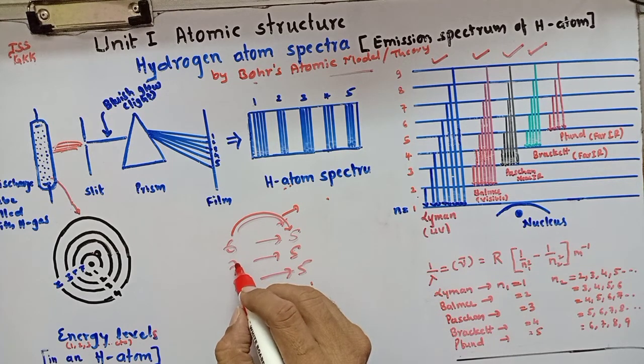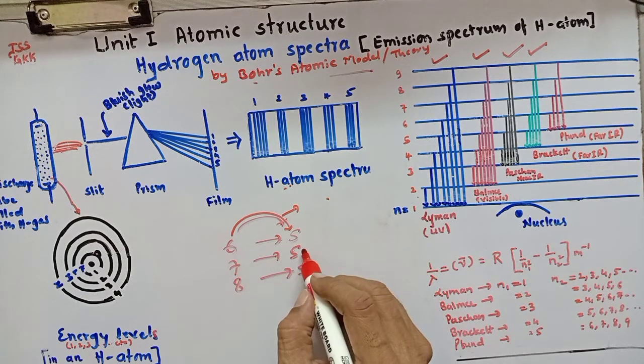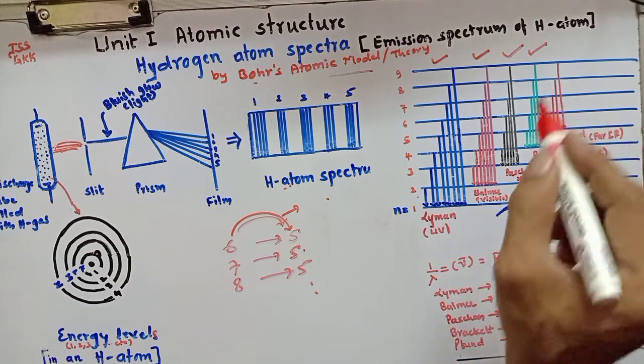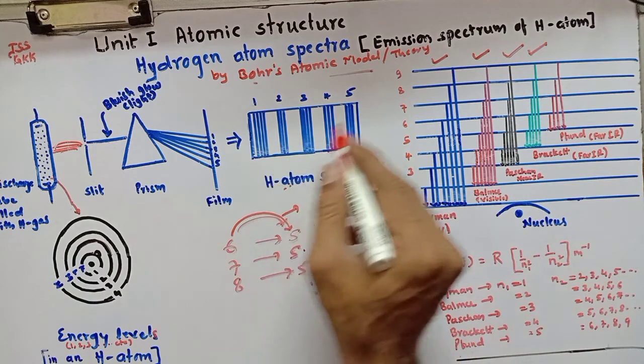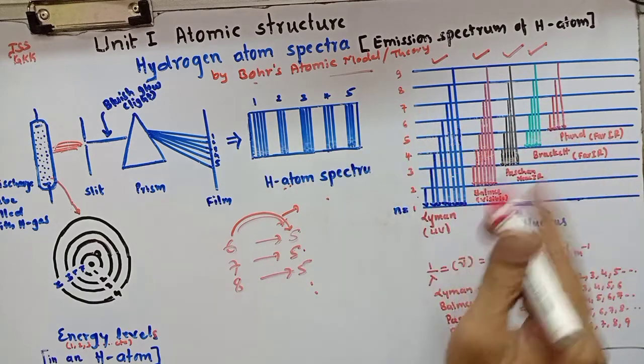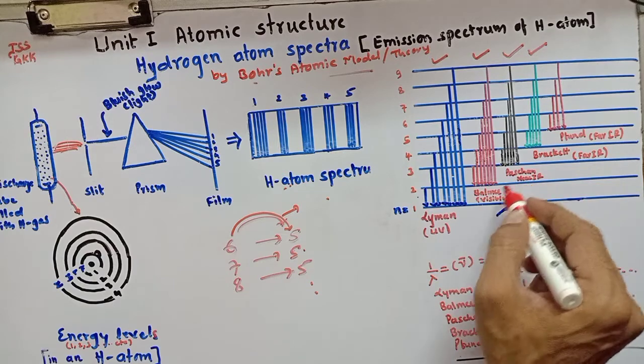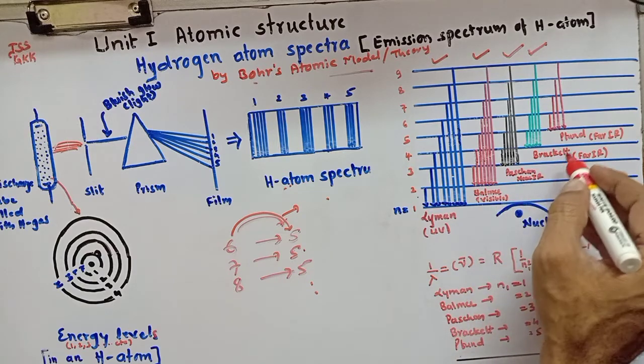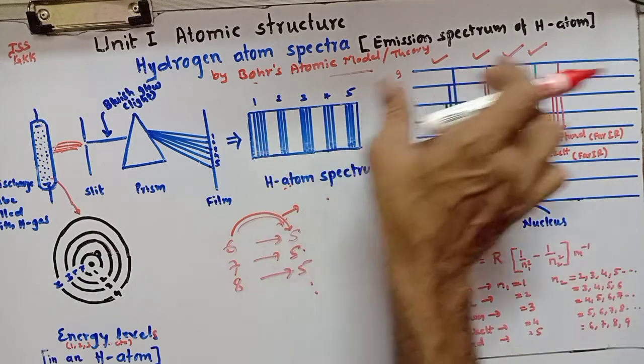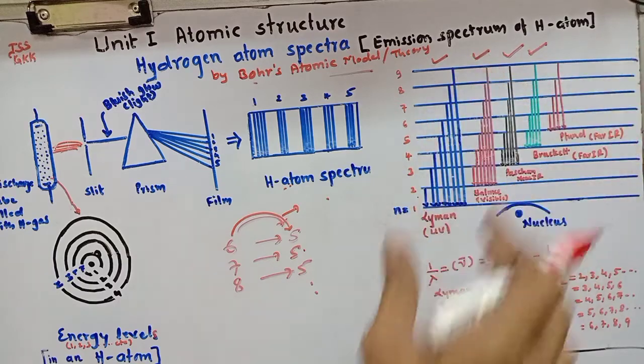Similarly, if an electron present in the 7th energy level jumps to the 5th energy level, again it will produce the Pfund series of spectral lines. This is how the Bohr atomic model has explained in what condition the Lyman series, Balmer series, Paschen series, Brackett series and Pfund series of spectral lines will appear in the emission spectra of the hydrogen atom.